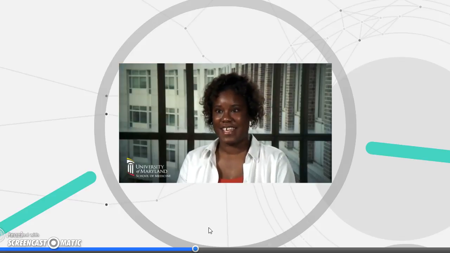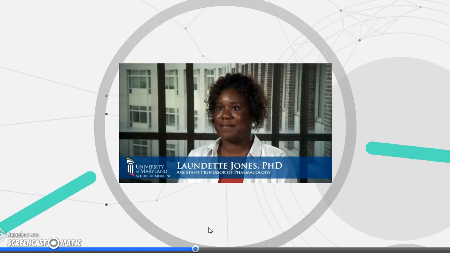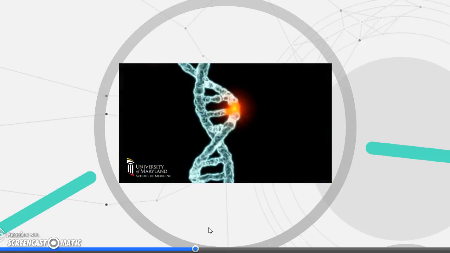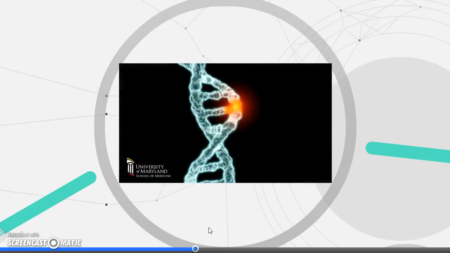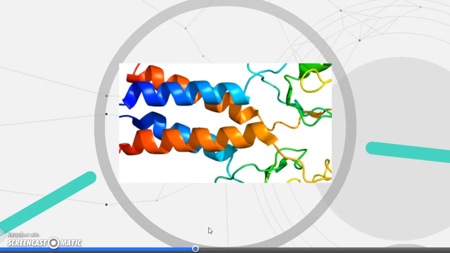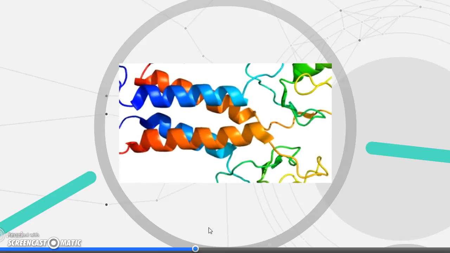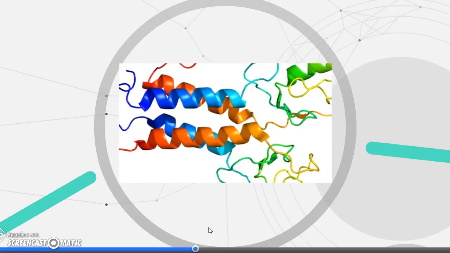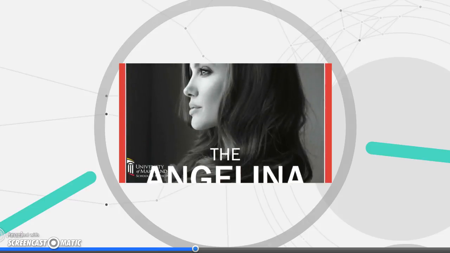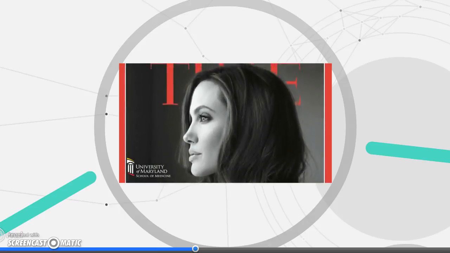BRCA officially stands for breast cancer early onset. There is a BRCA1 and a BRCA2 gene. We find that when a person has an abnormality or a genetic mutation in BRCA1, depending on the type of mutation, these could predispose an individual to a higher risk for breast or ovarian cancer if you're a woman.